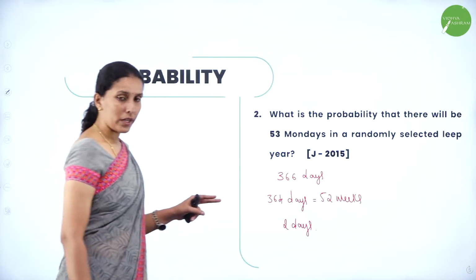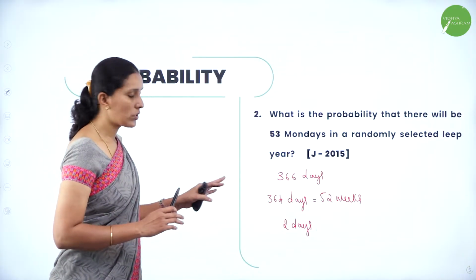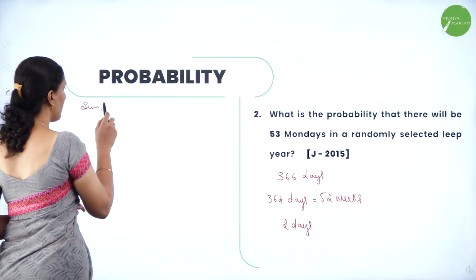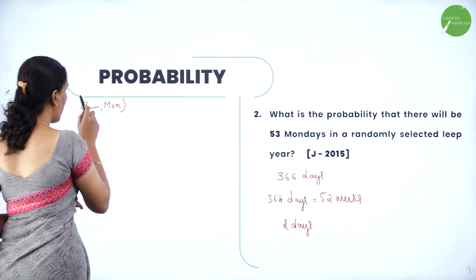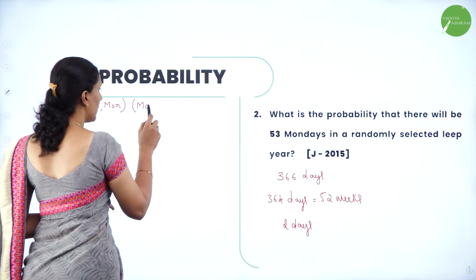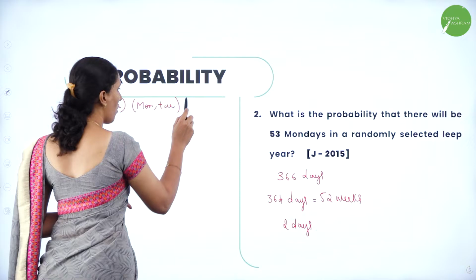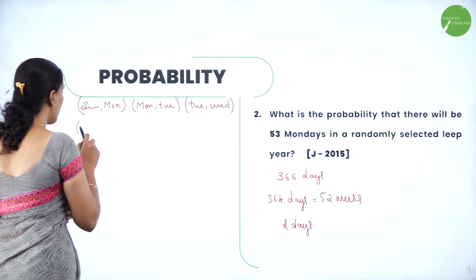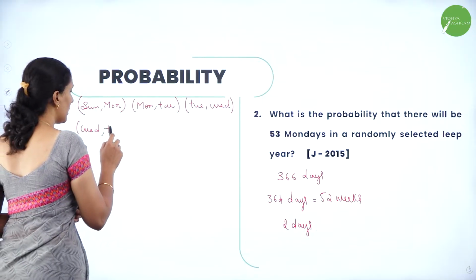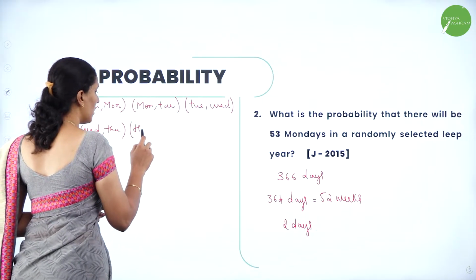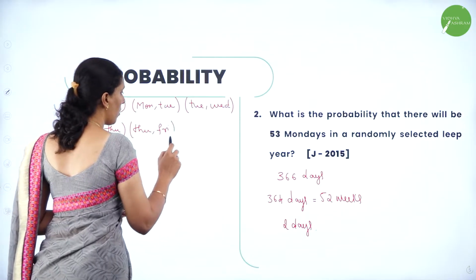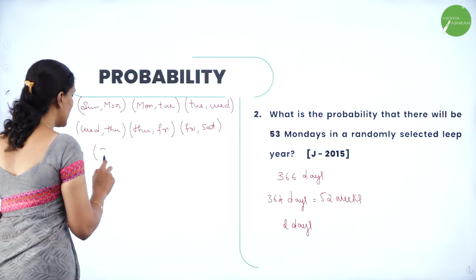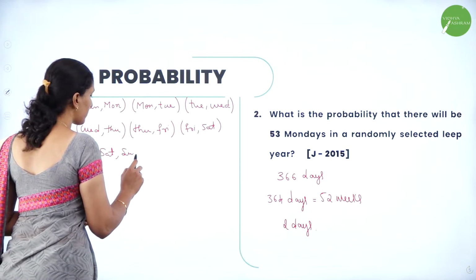Out of the 2 days, what are the chances of what those 2 days are? They can be Sunday, Monday, or Monday, Tuesday, or Tuesday, Wednesday, or Wednesday, Thursday, or Thursday, Friday, or Friday, Saturday, or Saturday, Sunday.